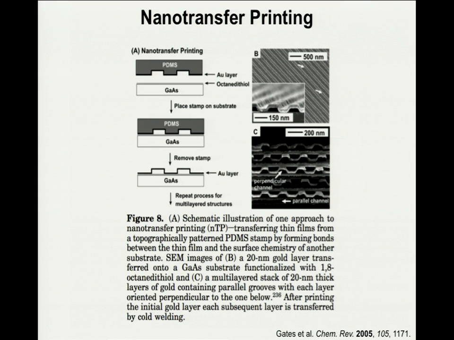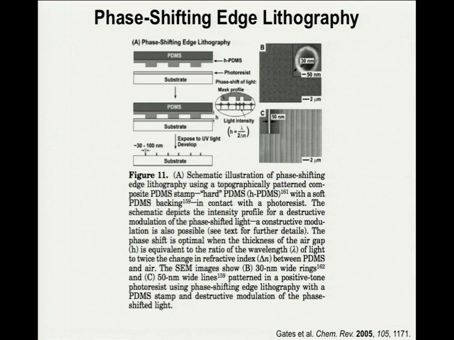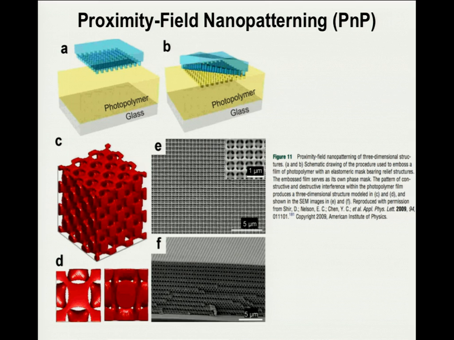So we don't have a lot of time. I just want to make sure I cover everything that's cool. You can transfer patterns over and over using the same stamp, and you can stack them up. So these are these gold crate-like structures that were derived from films deposited directly on a PDMS stamp. I talked about phase shifting edge lithography, where you get nulls because of destructive interference at the edges of these relief features in the PDMS stamp that will now produce very tiny structures in this resist film.